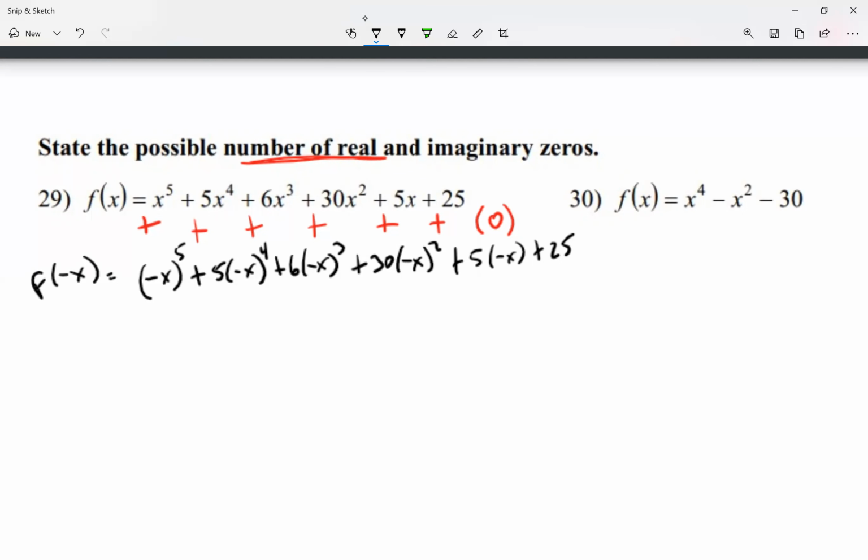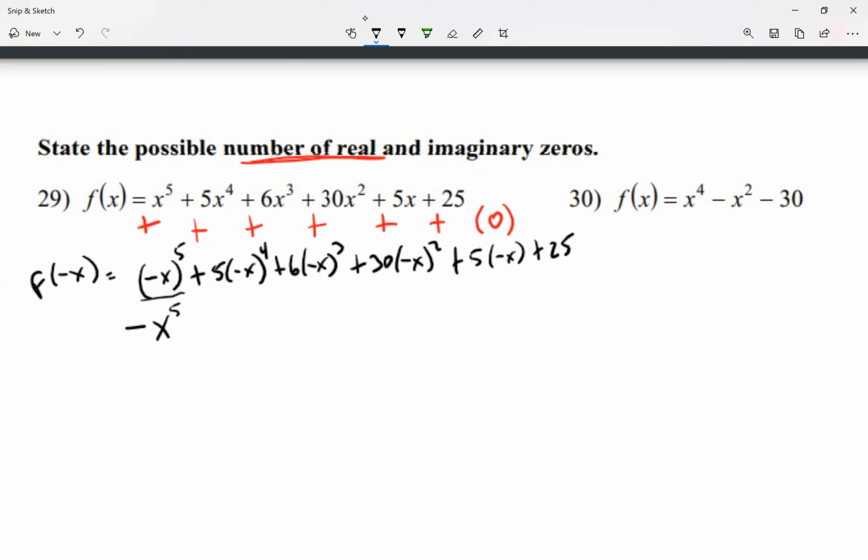Now, one interesting part with negative signs: when my exponent is an odd number, 1, 3, 5, odd numbers, like my first term, I do keep the negative sign. So it's going to be negative x to the fifth. When the exponent is an odd number, the answer ends up being negative. If you don't believe me, multiply a negative number, like negative 3, 5 times, and you're going to see that your answer is negative.